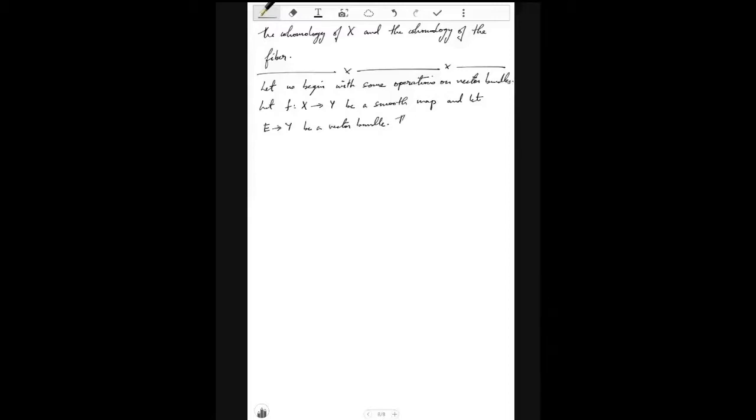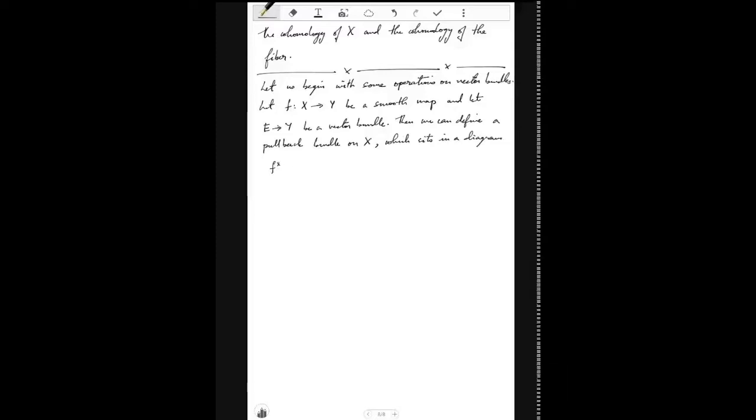Then we can define a pullback bundle on X which sits in a diagram, f upper star E. There is a map f tilde.